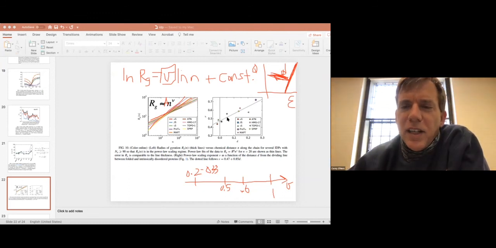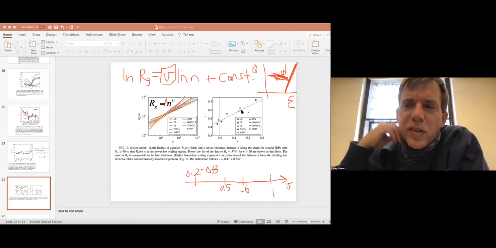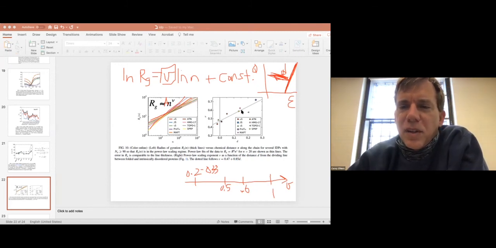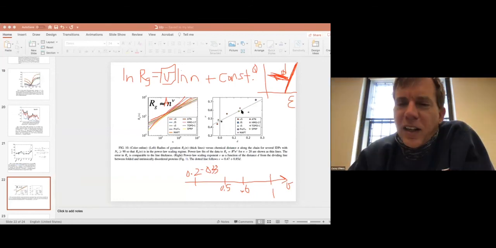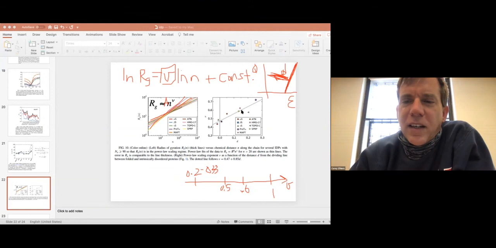But as D gets bigger, as you move away from this separation between intrinsically disordered proteins and folded proteins, the exponent gets bigger, and that means your charge is increasing. So this may be a good way to determine the likelihood that a given sequence or polymer will be a disordered protein and have a propensity to form aggregates.